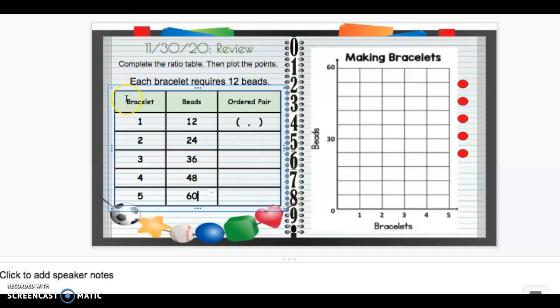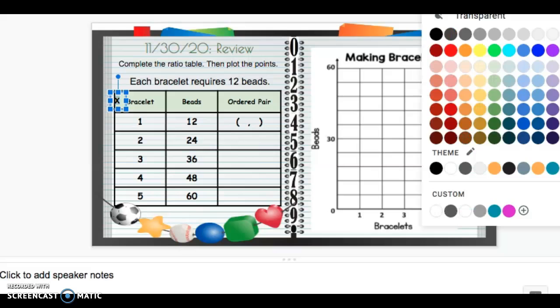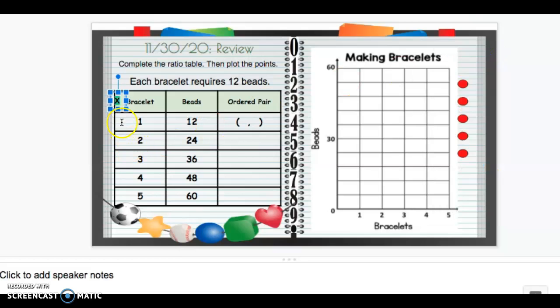Your bracelets is your X, and we'll put a little X here, and we'll even highlight it green. And your beads is your Y.